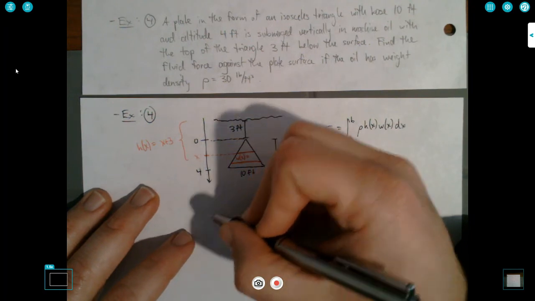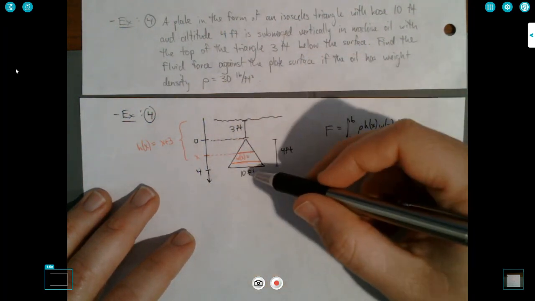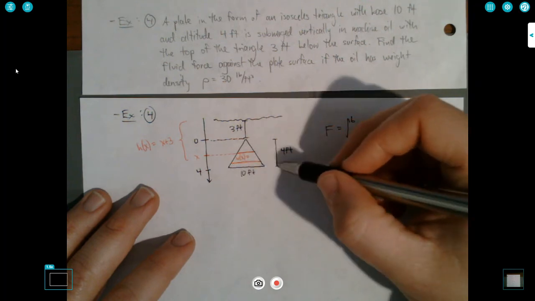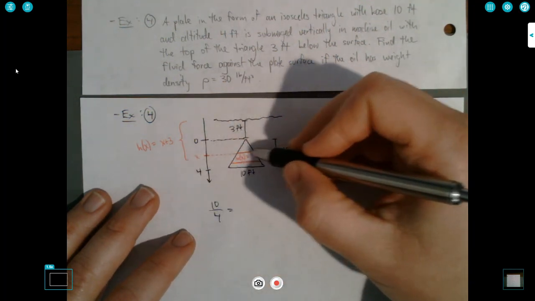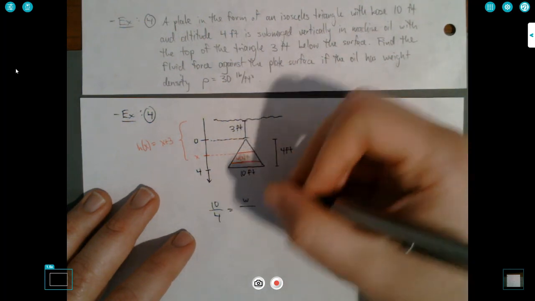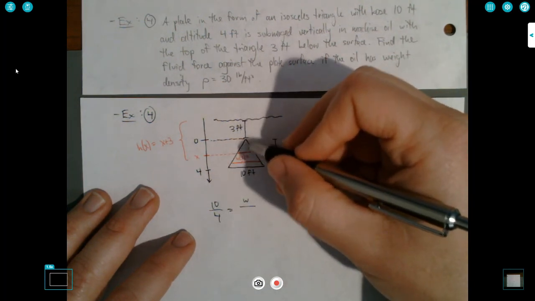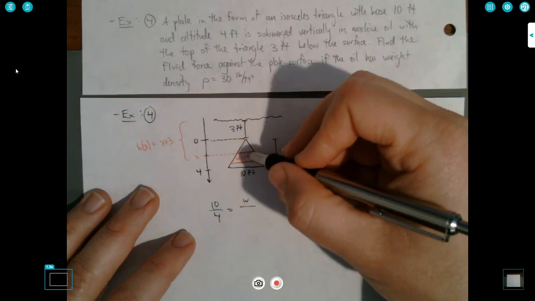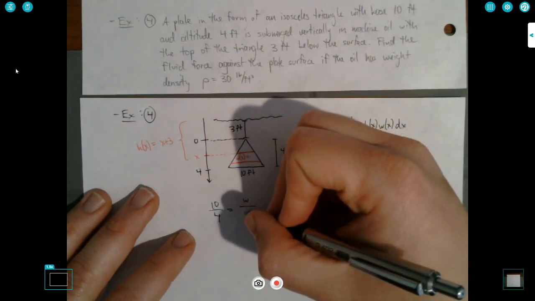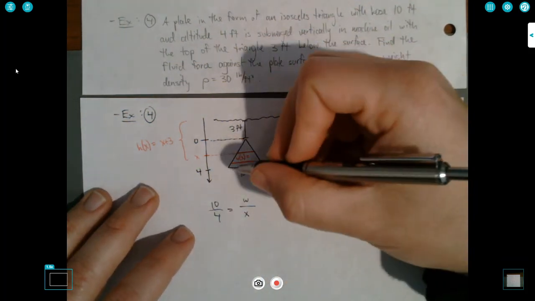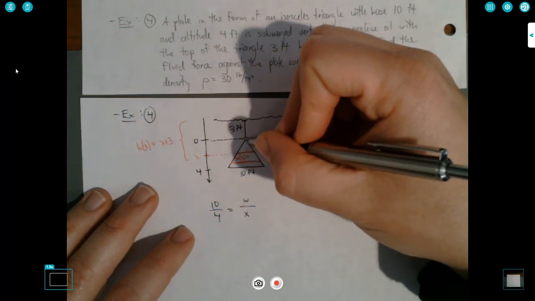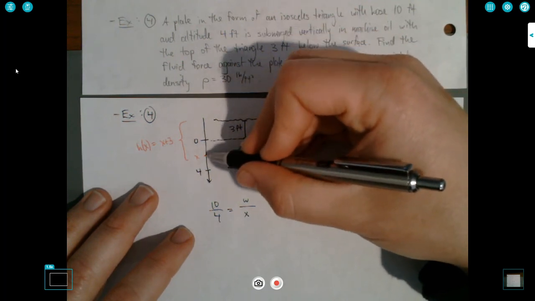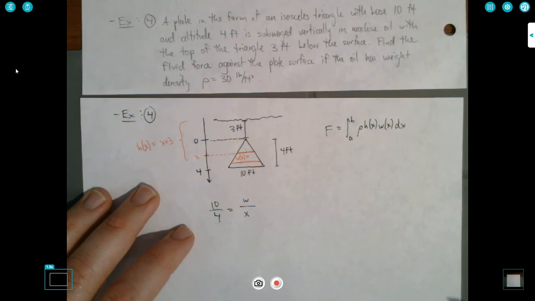If I've got my triangle, I can say 10 is to 4 as w is to x. So base is to height as base is to height. And this height, from this point to there, is just x. Then I can solve this for w.